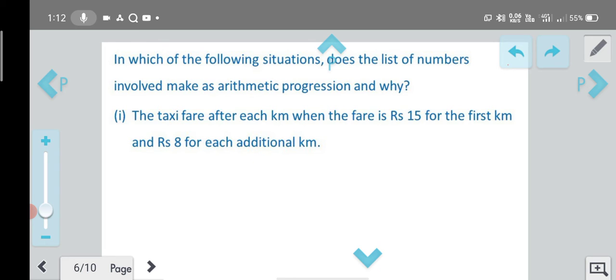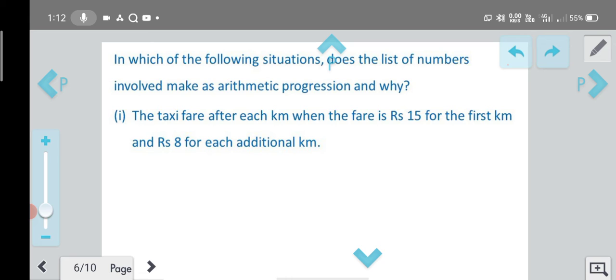Here is the first situation: the taxi fare after each kilometer when the fare is rupees 15 for the first kilometer and rupees 8 for each additional kilometer. So in this question we have to find the list of numbers, and then observe whether this list is from an AP or not. Let us solve this question according to the situation.